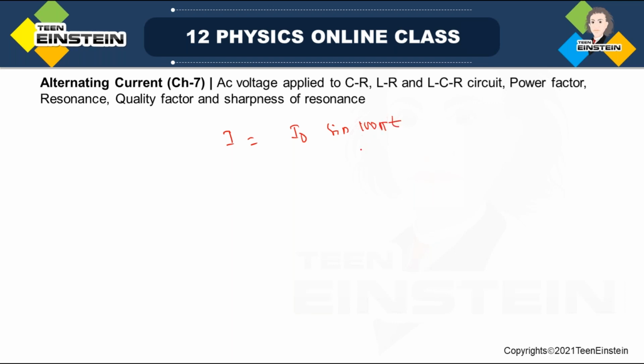So if we want to make this half of maximum, I max by 2, this is I max sine 100 pi some time t2.